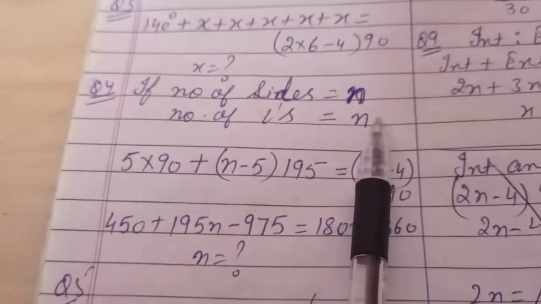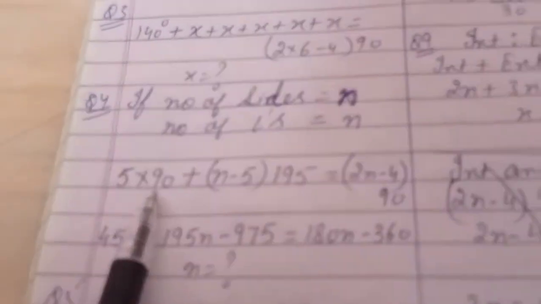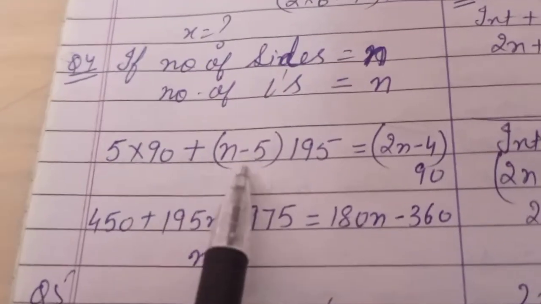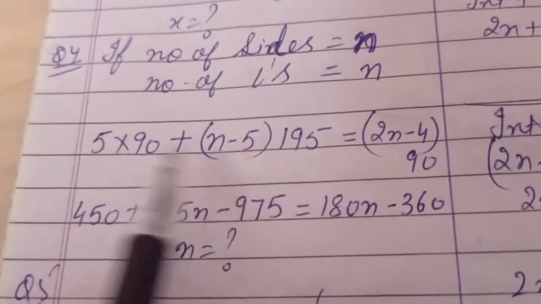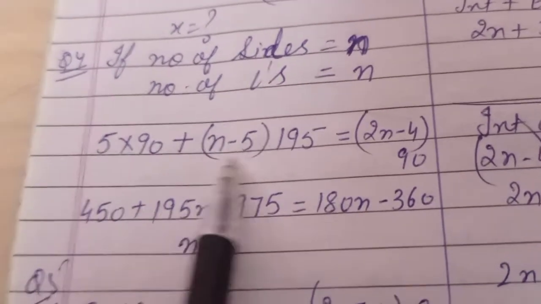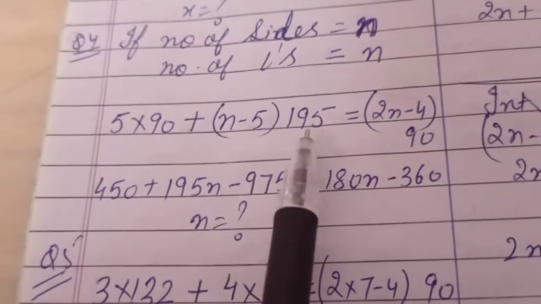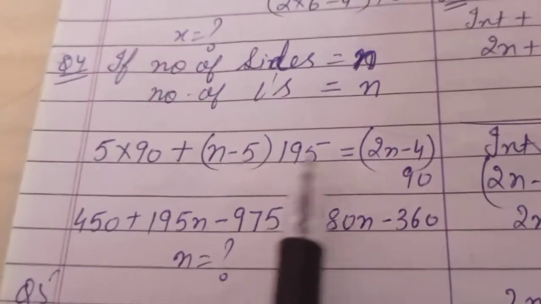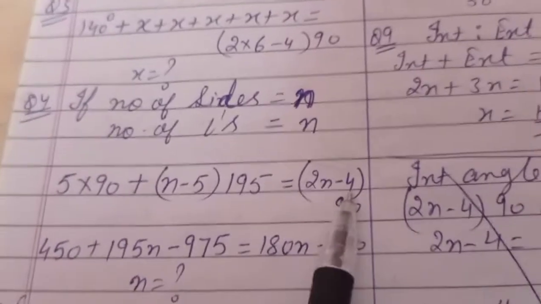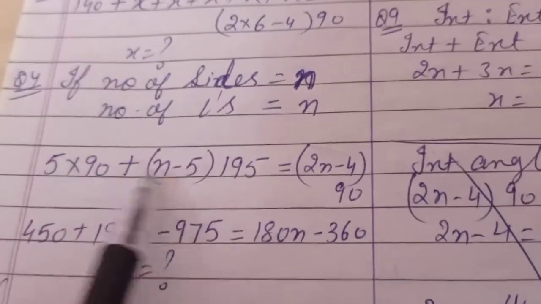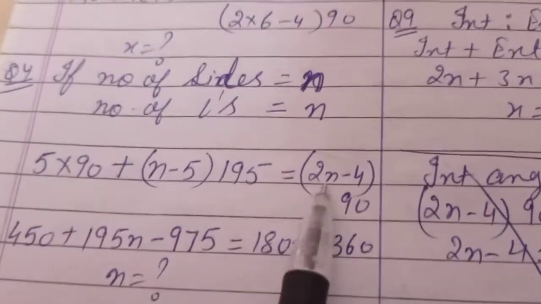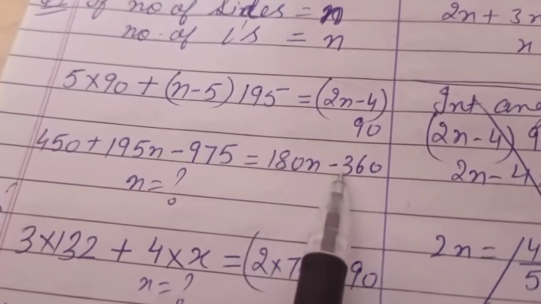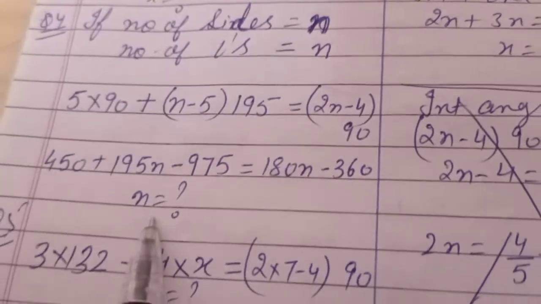Out of n angles, 5 angles are of measure 90 degrees, so the sum will be 5 into 90. The remaining angles are n minus 5, and each is of measure 195. That is equal to the sum of the interior angles, because we are adding all the angles, (2n minus 4) into 90. You can open the bracket and find the value of n.